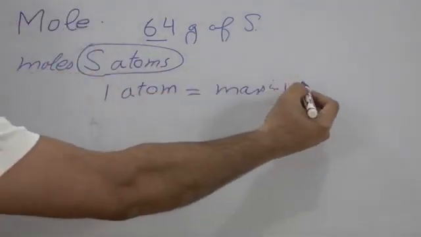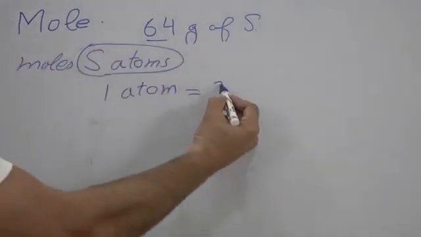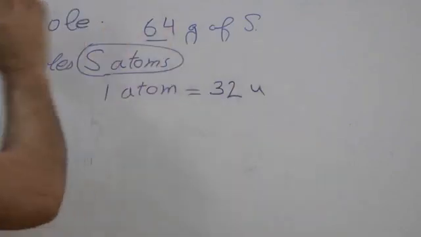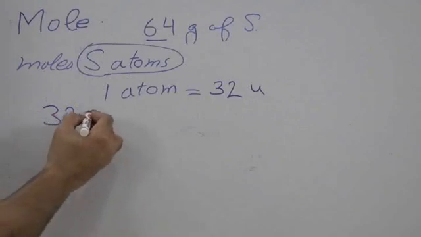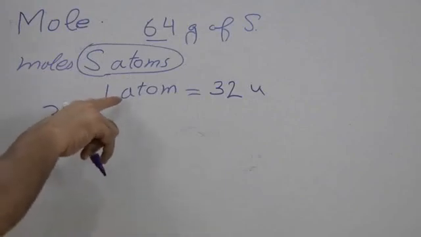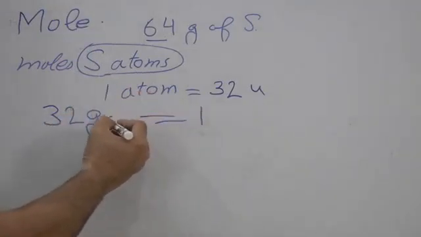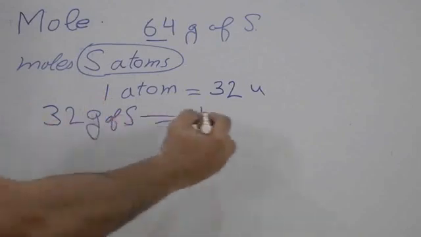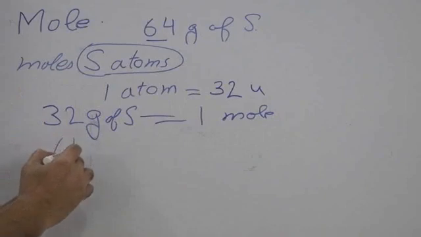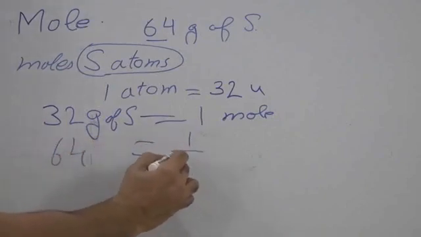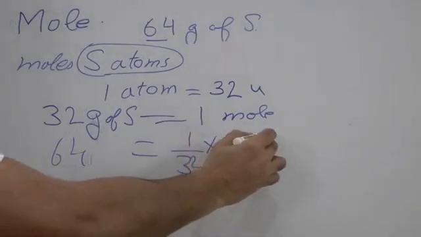Therefore, one atom weighs 32. It means if we take 32 gram, the number of moles of sulfur atoms would be 1 mole, and in 64 it would be 1 upon 32 into 64, that means 2 moles.